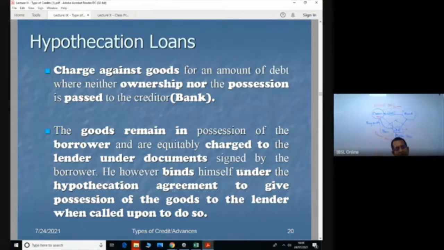If he does not pay, we can demand him to return the goods. He is liable to return the goods. It is different from a stock mortgage, where he is not liable to return; he must pay, or we have to go to court, prove, and take. Here he is liable to return the goods. That is called hypothecation loans. It is one type of loan.